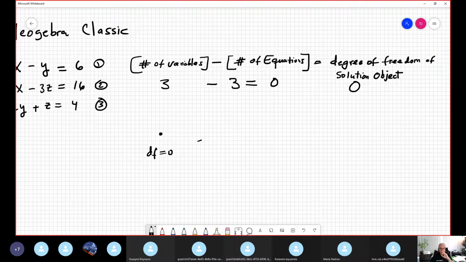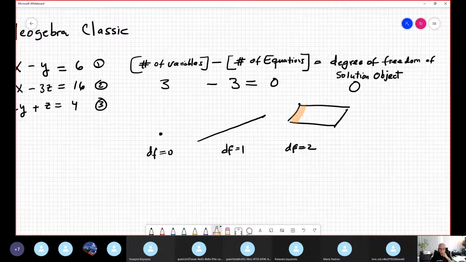We have a line when the degree of freedom equals 1, because it's a 1-dimension object. The line has only 1 dimension. When the degree of freedom is 2, we have a plane in 3D, and so on.